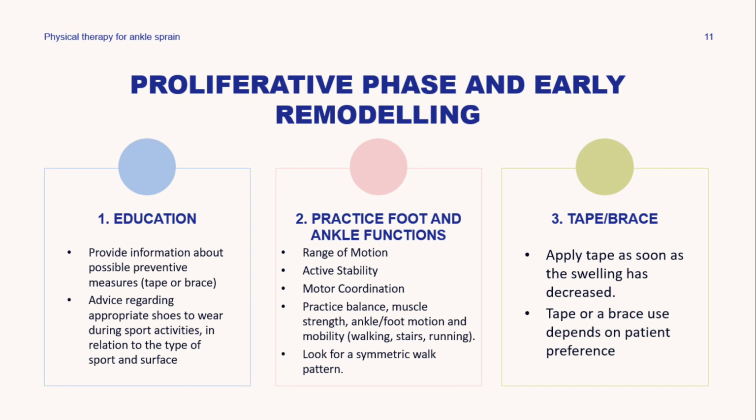The to-do list of this phase are: first is the education, where you seek information about the possible preventive measures. Next is the practice foot and ankle functions like range of motion, active stability, motor coordination. Practice balance, muscle strength, ankle foot motion, and mobility. Then last is the immobilization, like taping or bracing your ankle.